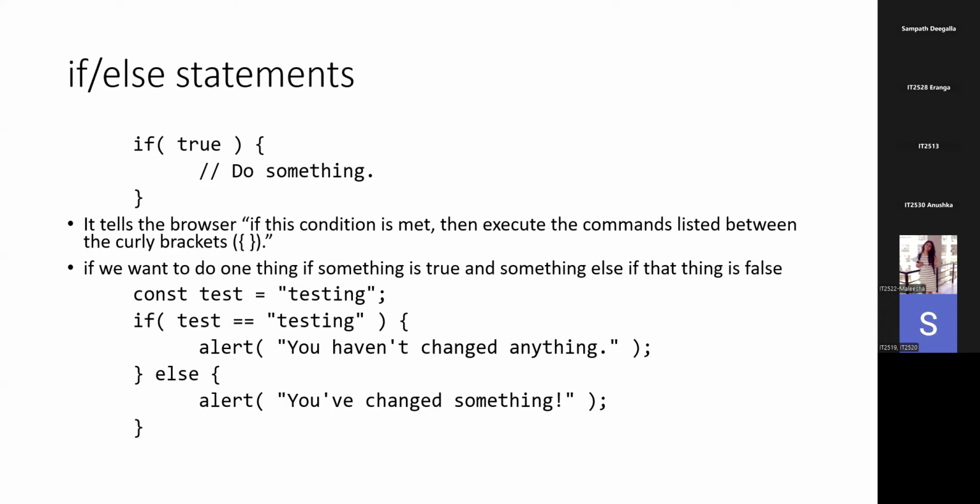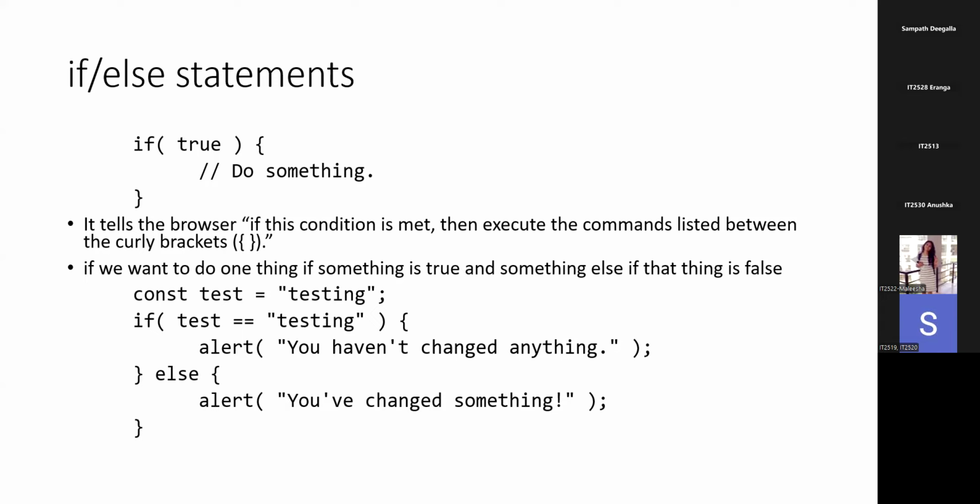You can see we are writing a simple constant, we say test, testing. If it is equal, you can see we are using the double equal here, and then we put a message. The alternative should be like this.